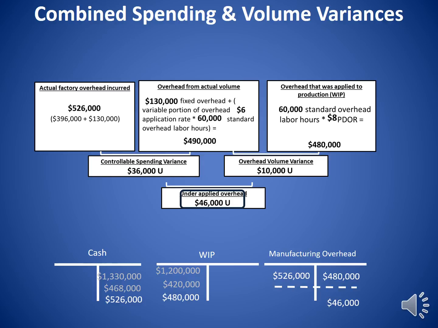If this amount was considered immaterial to the financial statements, we would close the manufacturing overhead account out to the cost of goods sold account. In order to zero the account out, we would make a credit to manufacturing overhead and a debit to cost of goods sold.